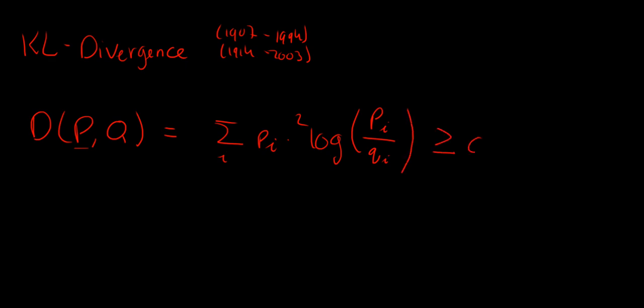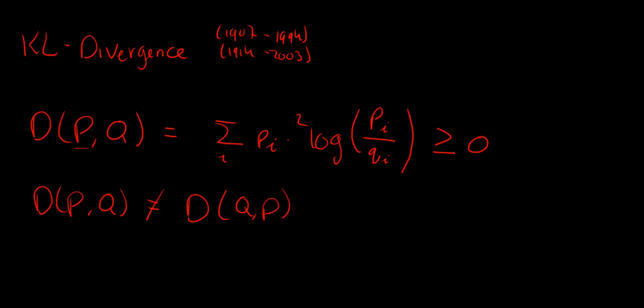And this will always be positive. If it is exactly 0, it means P is Q. If it is bigger than 0, it's a measurement of similarity. And it's also very important to note that the Kullback-Leibler distance from P to Q is not the same as the Kullback-Leibler distance from Q to P.